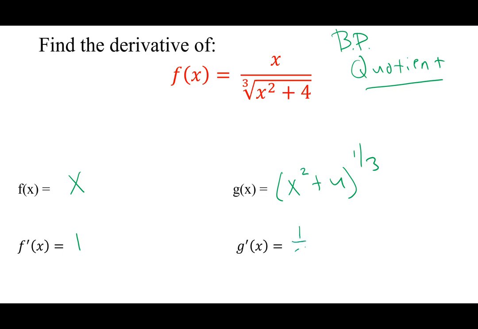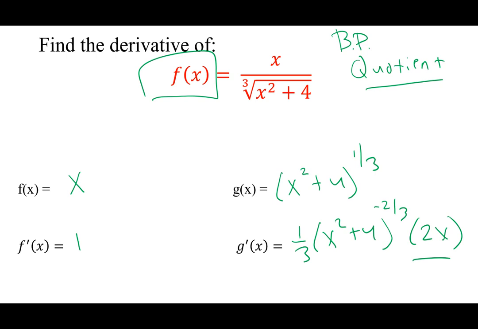When I take the derivative, that's 1/3 times x squared plus 4 to the negative 2/3 power, and then don't forget the chain rule. So that's why I have my 2x there. So then I left myself lots of room. I'm going to go ahead now and take the derivative. And again, because the original problem was f of x, I'm going to call my answer f prime of x.